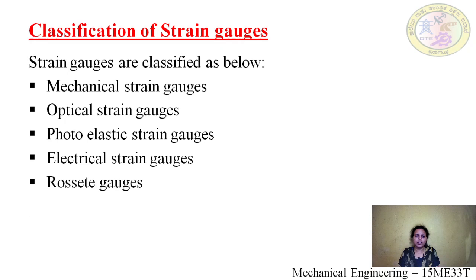Fifth, rosette gauges. So these are the 5 types of strain gauges. For your syllabus, we are studying mechanical strain gauges and optical strain gauges in detail.